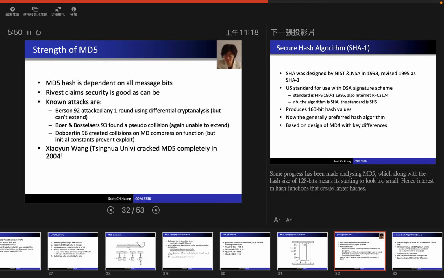Actually, she submitted a paper to CCS. And what happened was the reviewers couldn't understand her English because her English was so poor that nobody understood it. But the reviewers found that if there's some weakness in MD5, that would be big news, because MD5 was widely used in every online transaction.